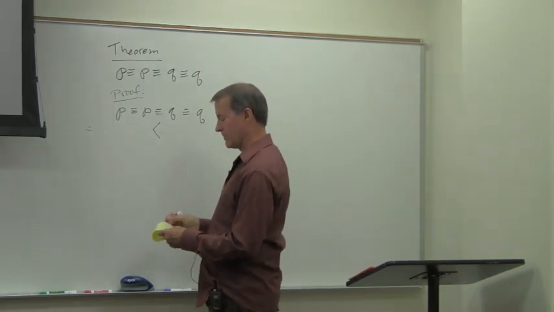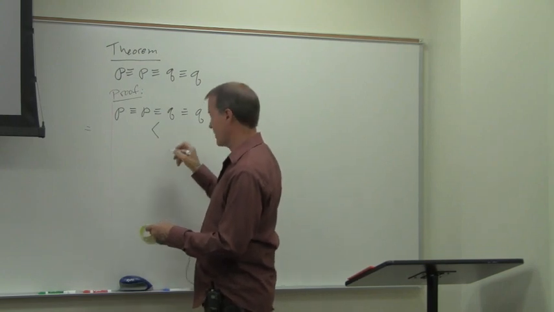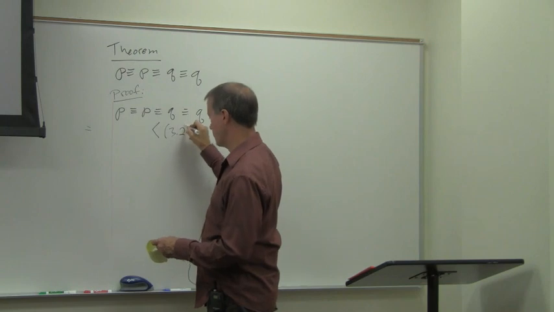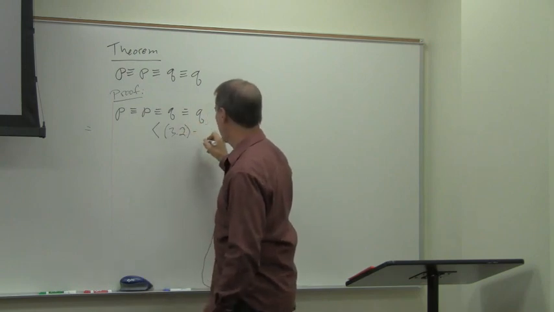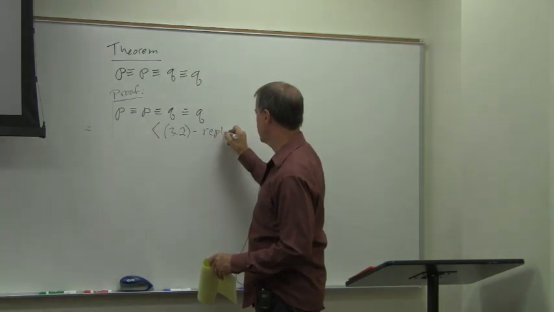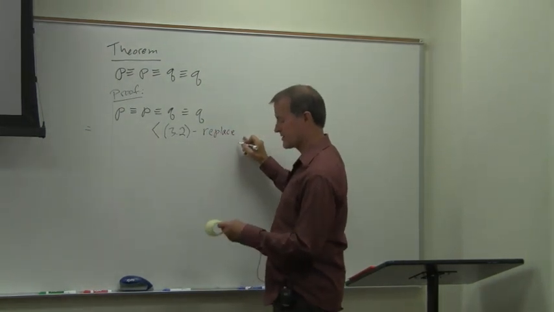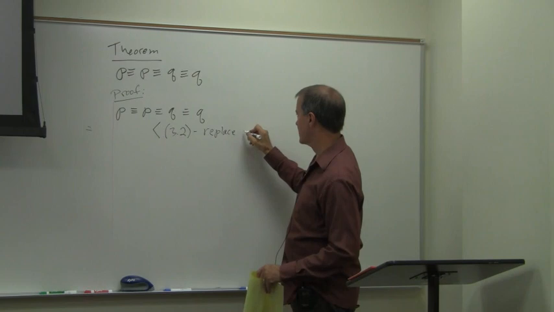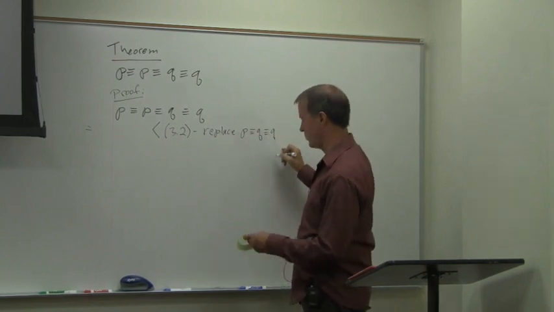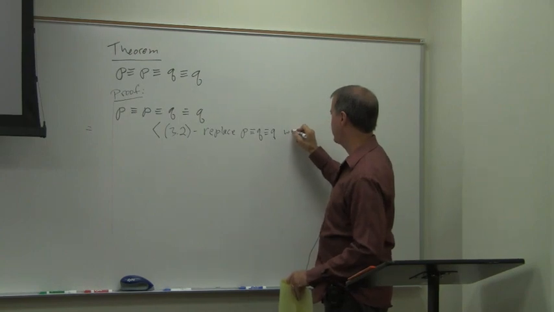Okay, so here we go. Now see if you can follow this. The hint now is going to be 3.2, and what we're going to do is replace P equals Q equals Q with P.